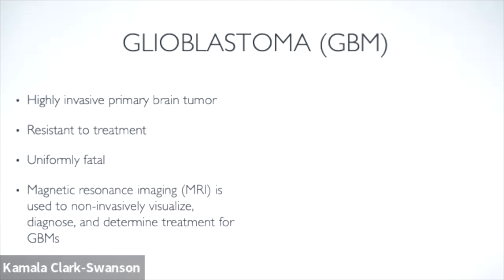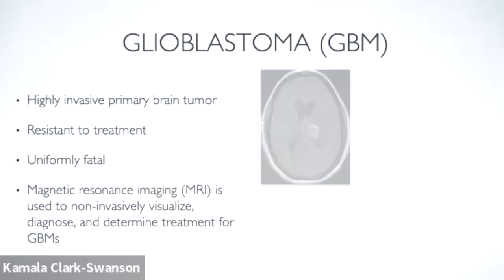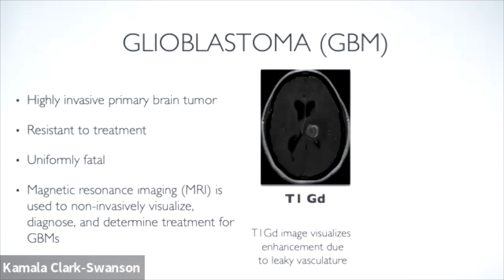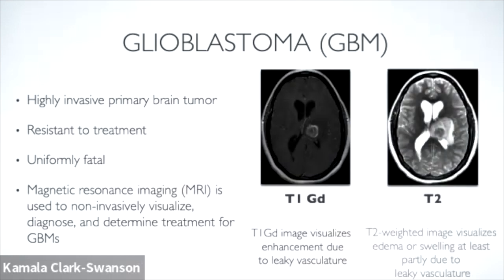Magnetic resonance imaging is used to non-invasively visualize this, and it also assists with diagnosis and determining treatment for these tumors. Two main types of imaging that we often use for glioblastoma are T1-GAD and T2. T1-GAD images visualize enhancement due to leaky vasculature.